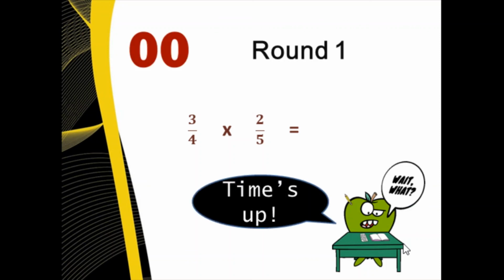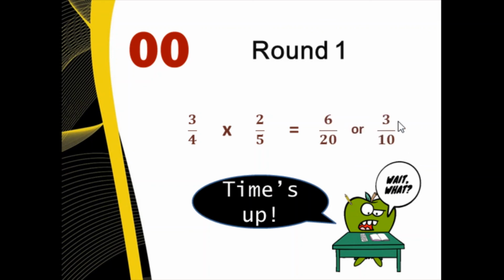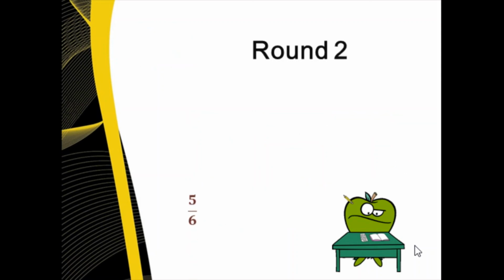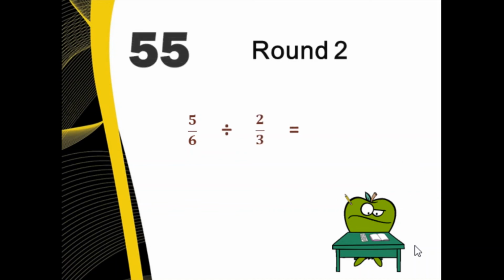Time's up. The answer is 6 over 20 or 3/10. Let's go to round 2. I just flash and we answer it directly. Round 2. Start.